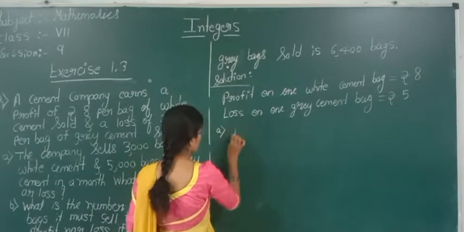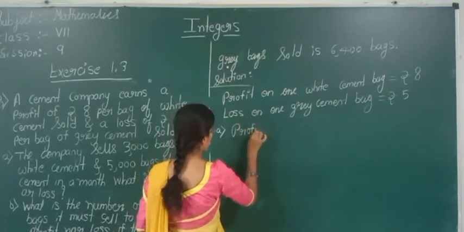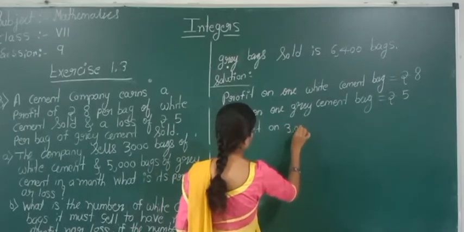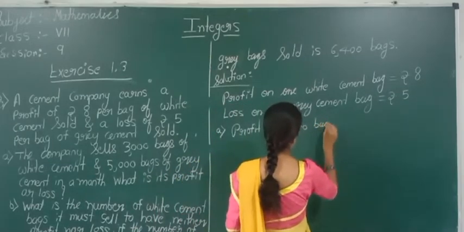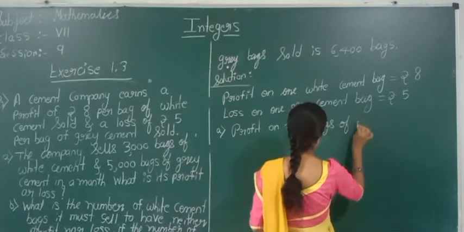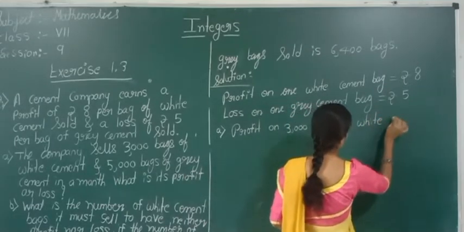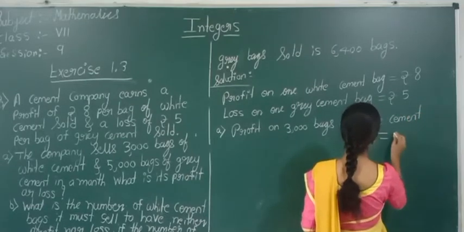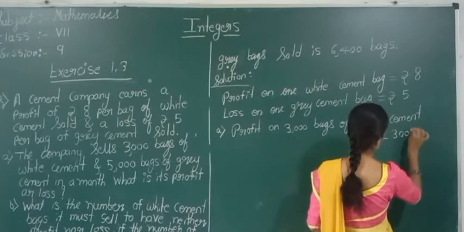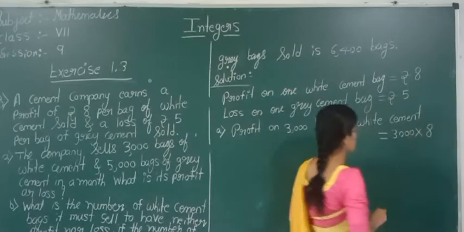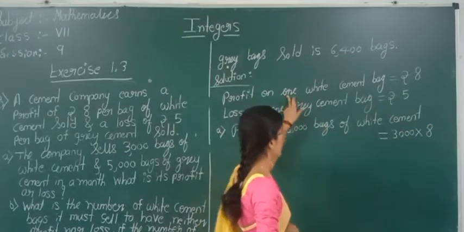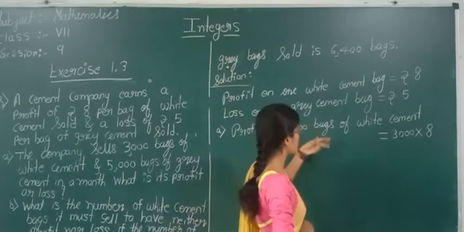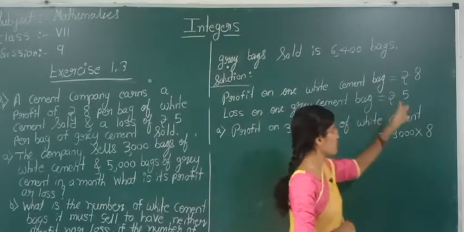See here, profit on 3000 bags of white cement is equal to 3000 into 8. Yes or no? For one white cement bag the profit will be rupees 8. For 3000 white cement bags the profit will be 3000 into 8.